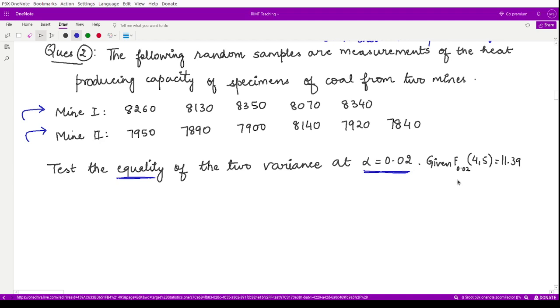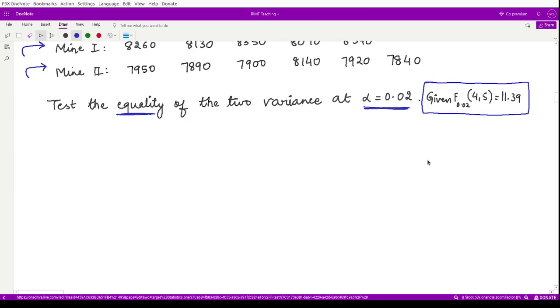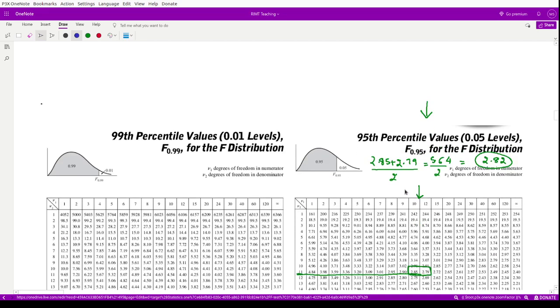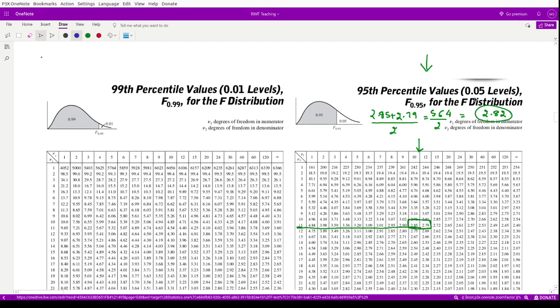And it is given to you that the value of F at 2% level of significance with 4,5 degrees of freedom is 11.39. So in this case the tabulated value is already given to you in the question. Otherwise you may refer back to the table. Now here you see we have different tables for different levels of significance.